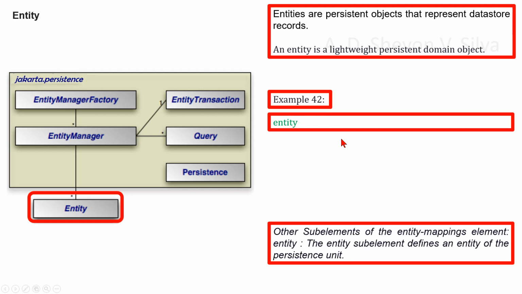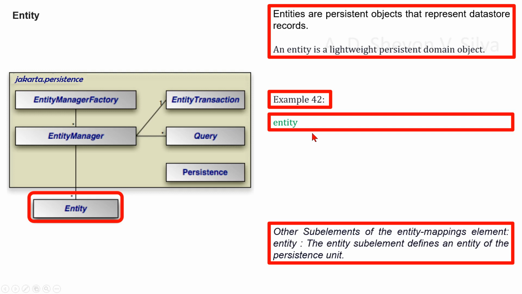Now we are considering another sub-element of the entity-mappings element, entity. The entity sub-element defines an entity of the persistence unit. It is undefined if multiple mapping files of the persistence unit contain entries for the same entity. The entity class may or may not have been annotated as an entity.